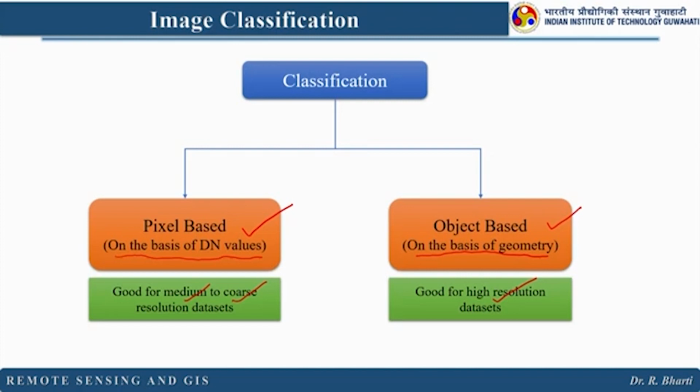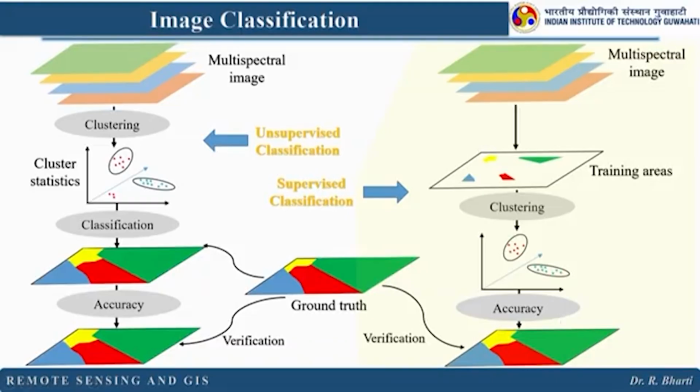So let us see what we do in image classification in detail. In this slide, unsupervised and supervised classification, all the information related to image classification is available, right. Now let us understand this slide. There are two different categories which we discussed in the previous slide, DN value based and object based, right.